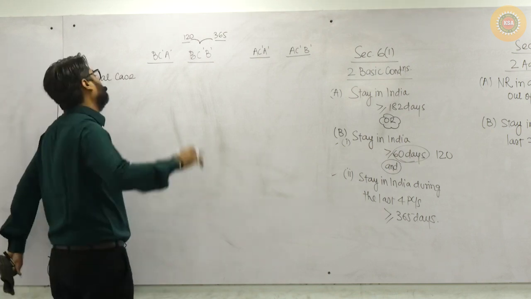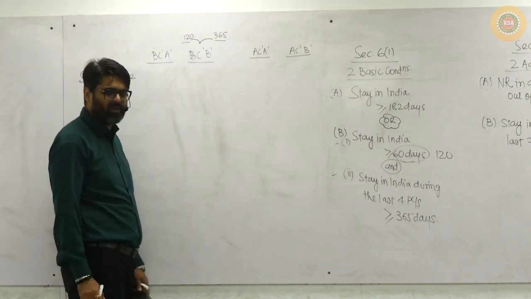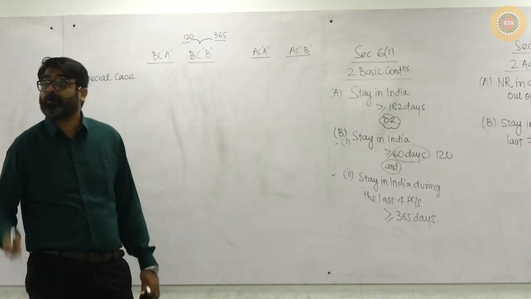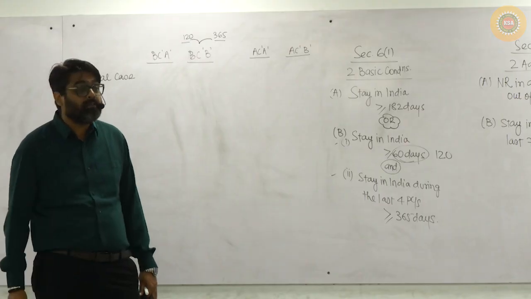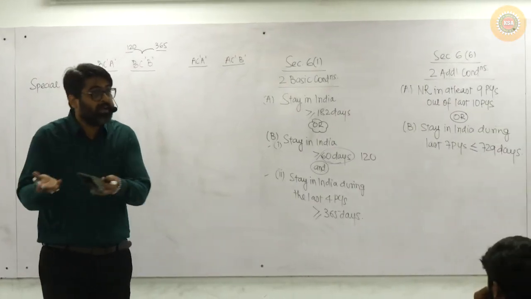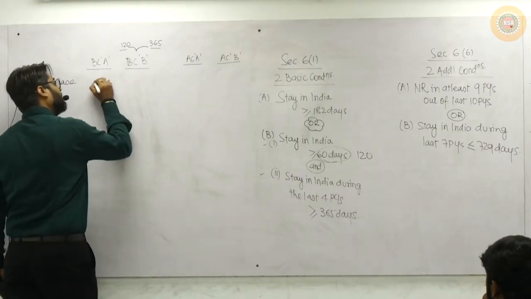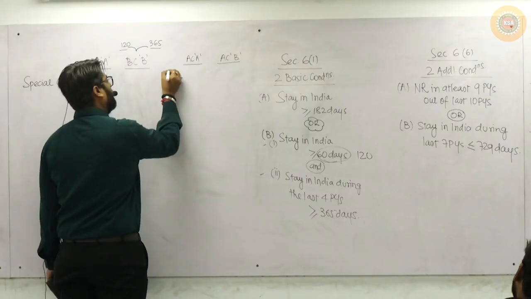So now tell me. Special case. Basic condition A applicable, not applicable? Applicable, no? Your stay should be 182 days or more. Your stay was 200 days. Is it more than 182 days? Satisfied or not satisfied? If basic condition A is satisfied, you are becoming a resident.